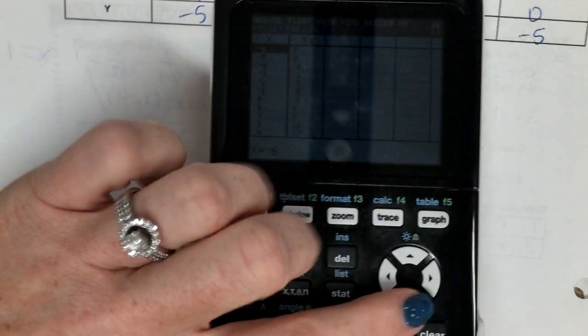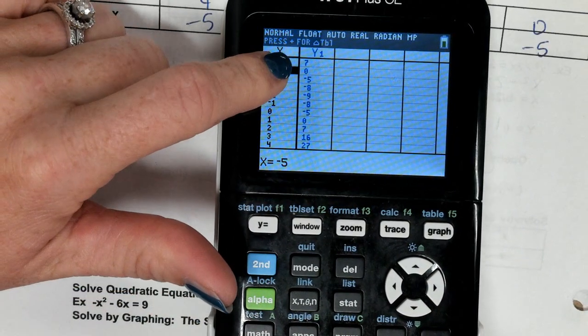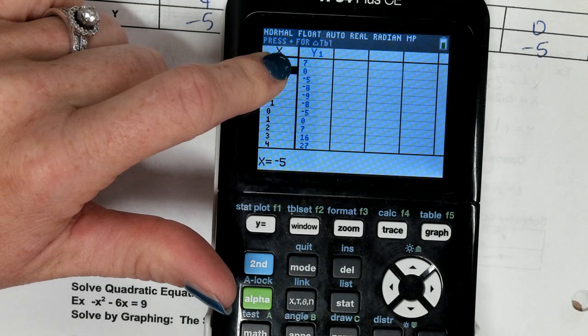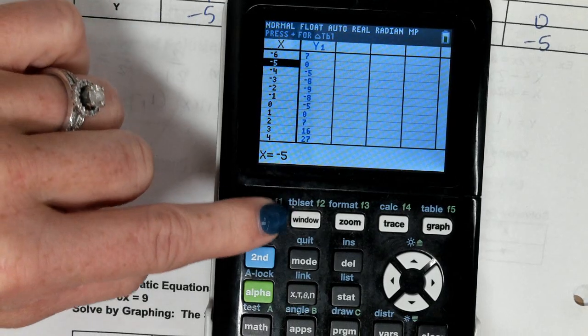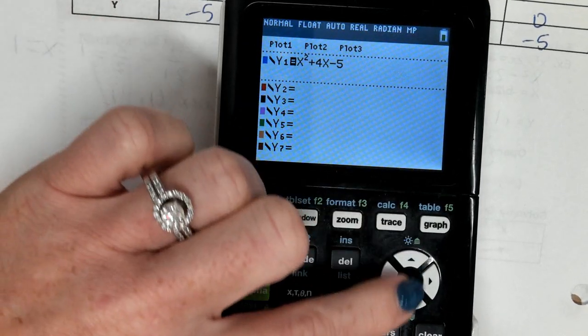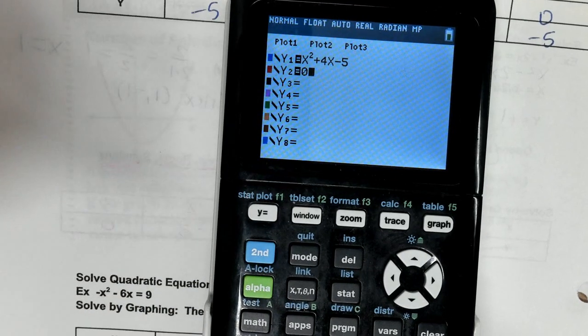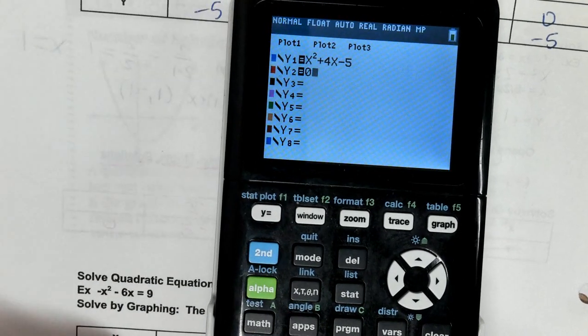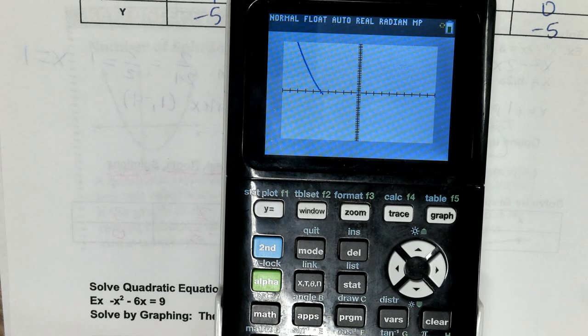On here. Now, is it always going to give it to you on this screen? No, so you might have to use second trace. If you use second trace, you have to put your y2 as 0, or second trace won't work because there is no intersection. So then I go to second trace, option 5. It's going to graph it for me.